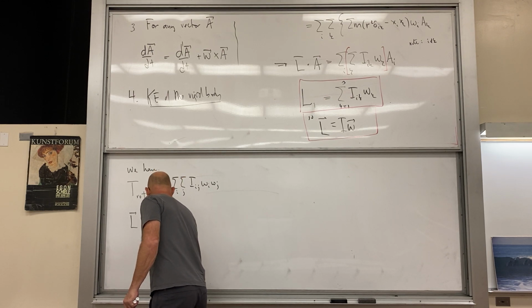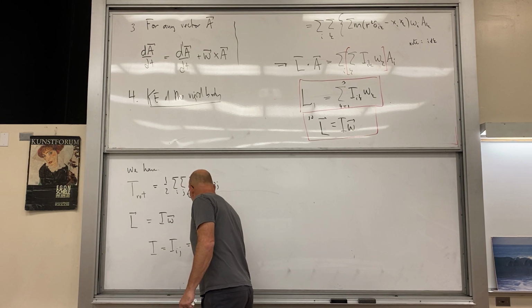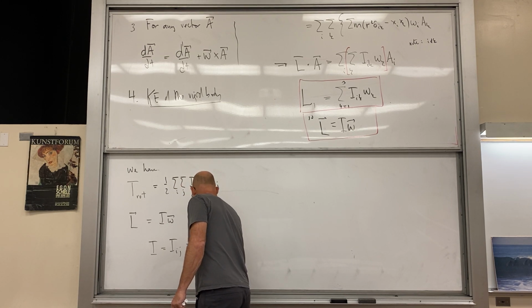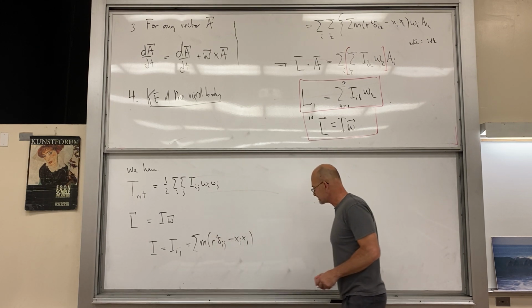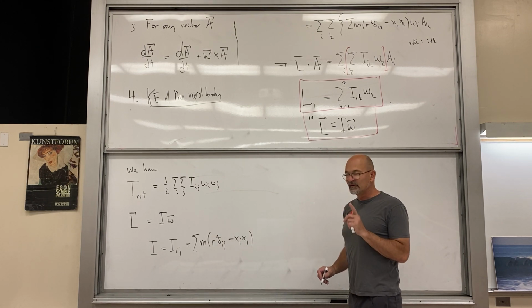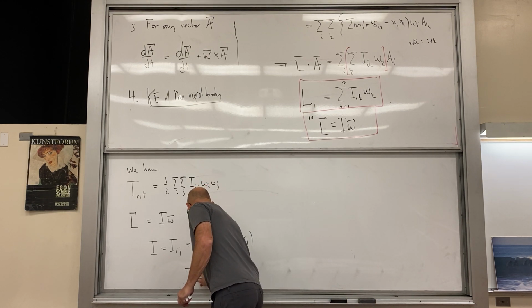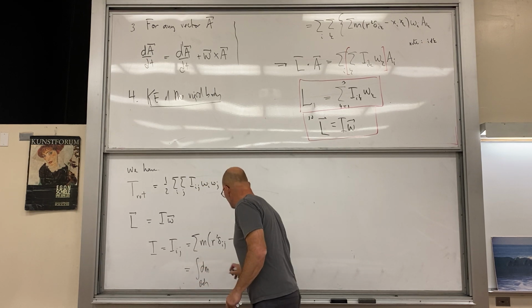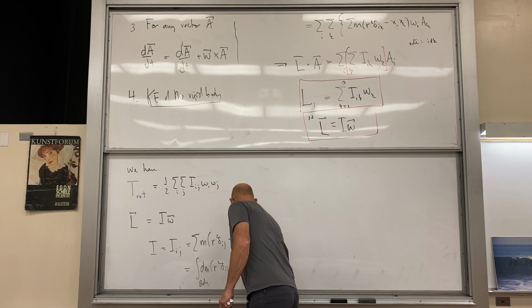And this I, which I'm showing as a matrix here, is this sum m r squared delta ij minus xi xj. One thing you're going to see immediately, and we'll even write this integral down again: the integral dm over the body of the object of r squared delta ij minus xi xj.